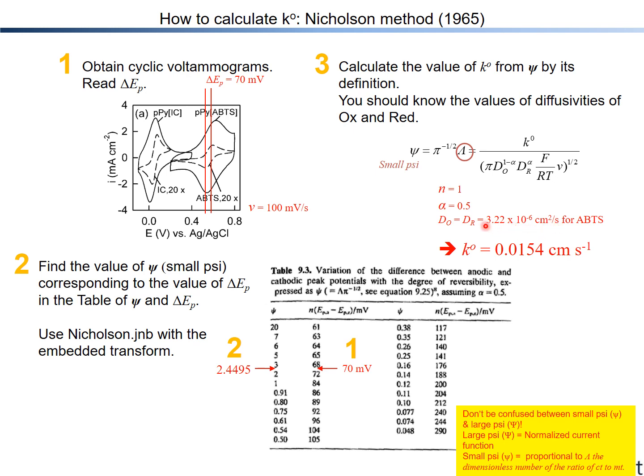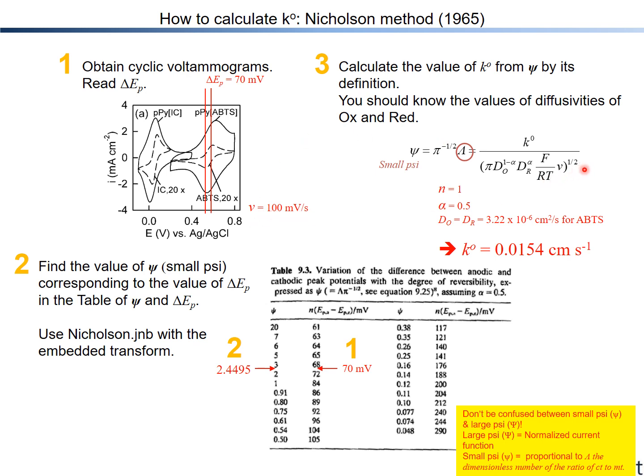So put those there, and let me assume that alpha is 0.5, and the F constant, R constant, and T is 25 Celsius degrees, about 300 Kelvin, and the scan rate, you should know that because you did the experiment. So here it is 100 millivolts per second.